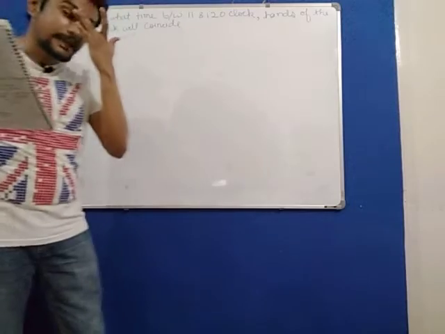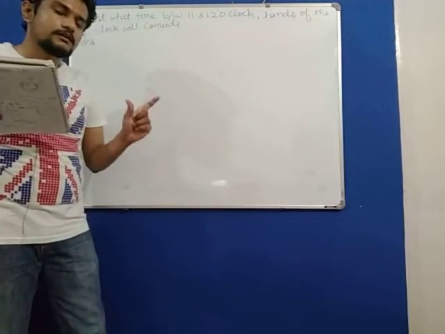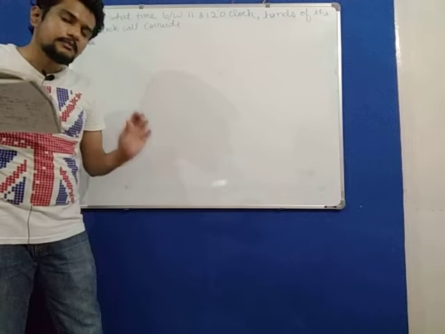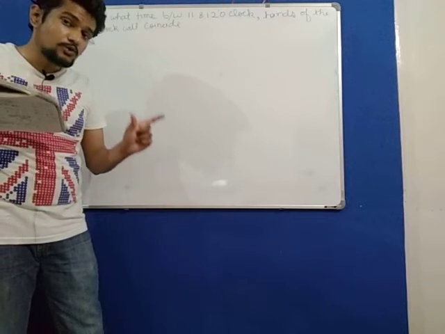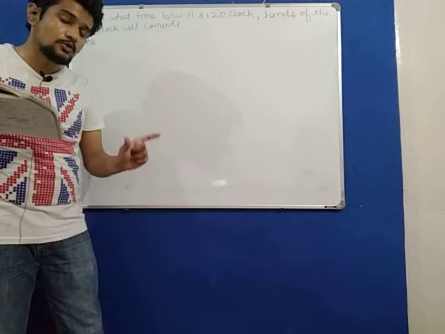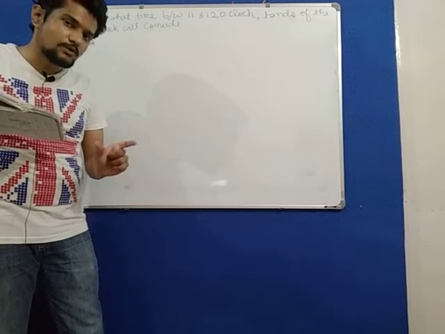Now, if you remember the diagram that we drew in the beginning, we can recall that the hour hand and the minute hand do not coincide between 11 and 12 and 12 and 1 o'clock. Rather, they coincide exactly at 12 o'clock between 11 and 1.